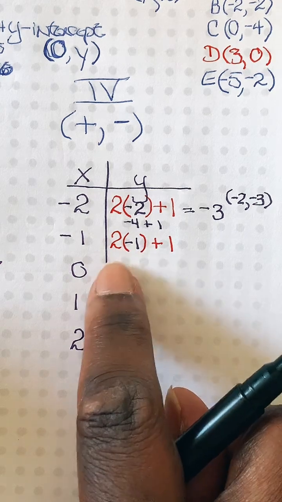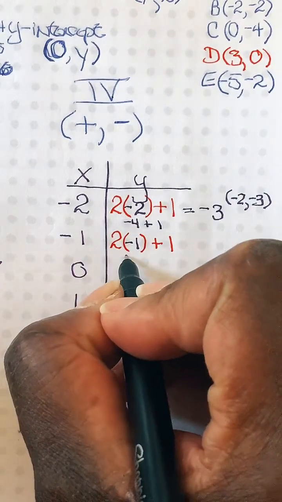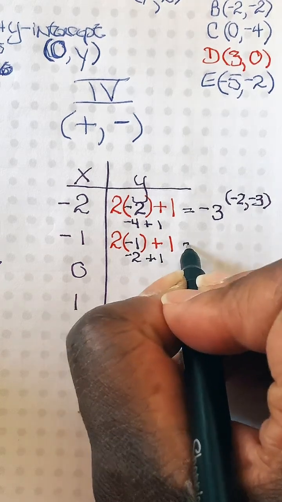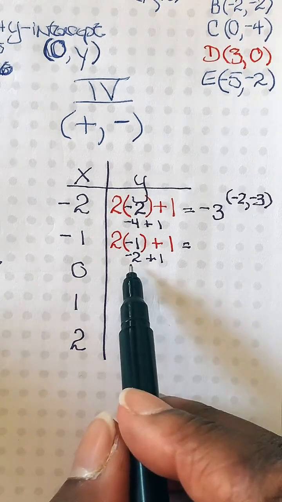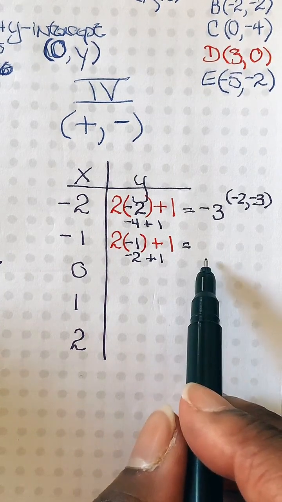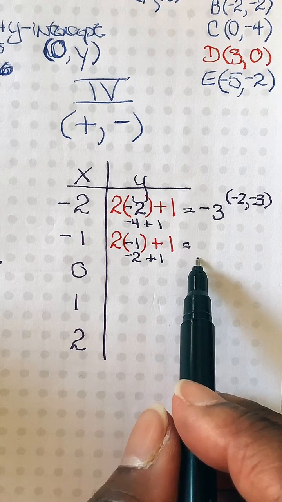Good. So 2 times -1 gives me -2. What does -2 plus 1 give me? So -2 plus 1. I owe you $2. I paid you 1. Do I still owe you? -1.